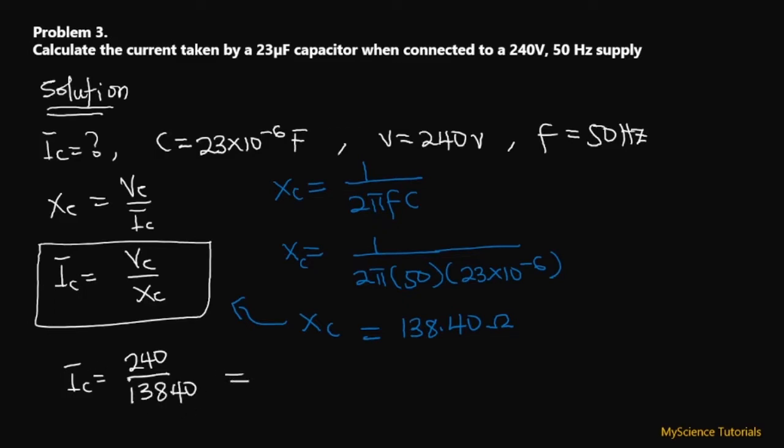Now if we compute these into the calculator, we are going to get 1.734, which you can round to 2 decimal places to be 1.73 amperes as our current. So this is how we solve some basic problems involving a purely capacitive AC circuit.